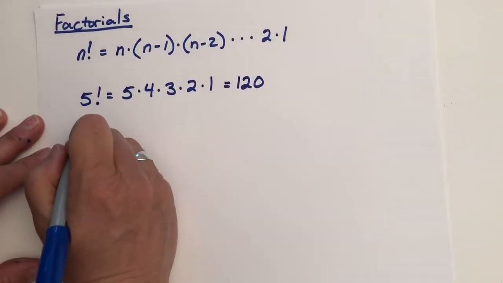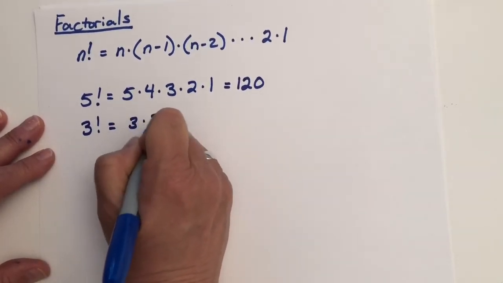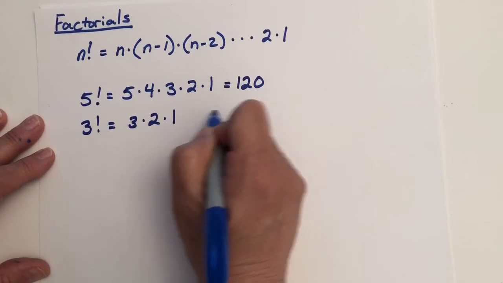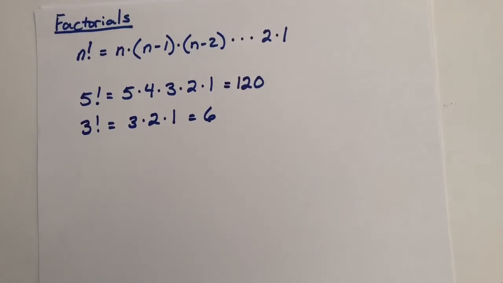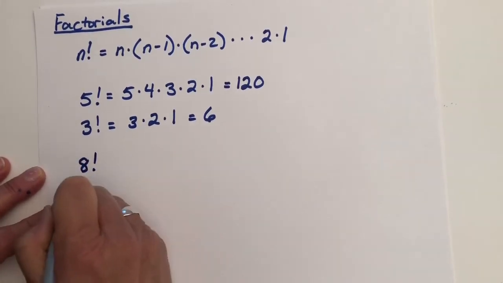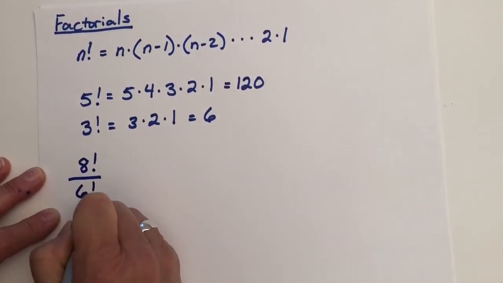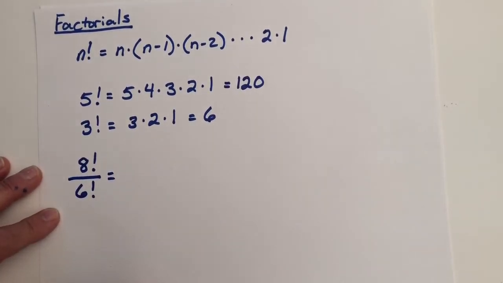Or 3 factorial is 3 times 2 times 1, which would equal 6. Sometimes even with larger numbers, we can do the arithmetic by hand. For example, suppose you had 8 factorial divided by 6 factorial. I don't actually have to determine the product of 8 factorial.